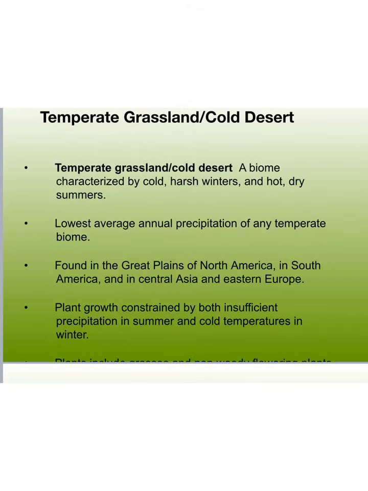The grasslands, or what I like to call the cold desert, is a biome that has really harsh winters and hot, dry summers, low average annual precipitation, and so we're looking at like the Great Plains of North America, South America, Central Asia, Eastern Europe. The plant growth is limited by the insufficient precipitation that happens during the summers, and then of course we have to worry about these very cold temperatures in winter.